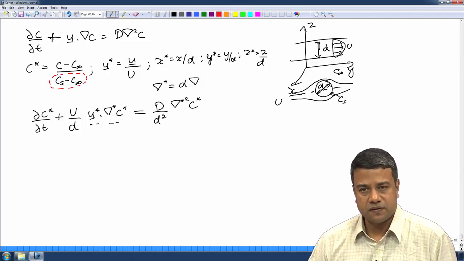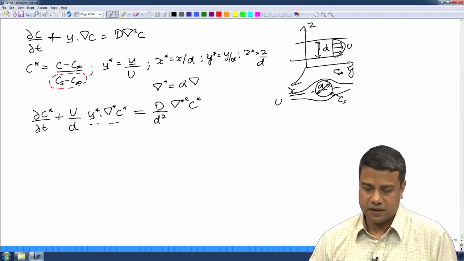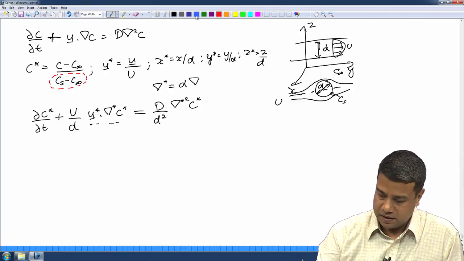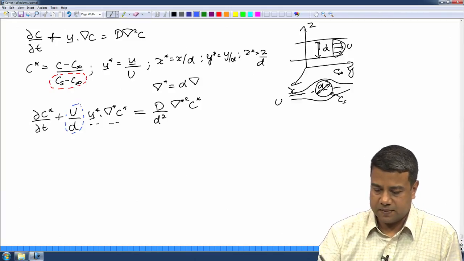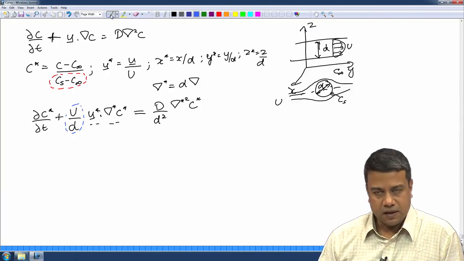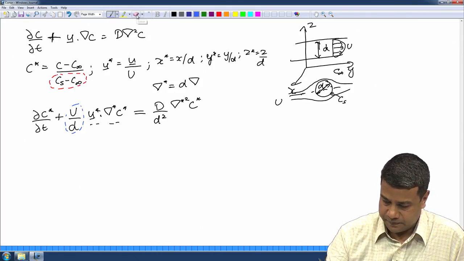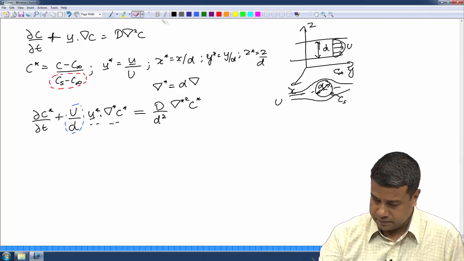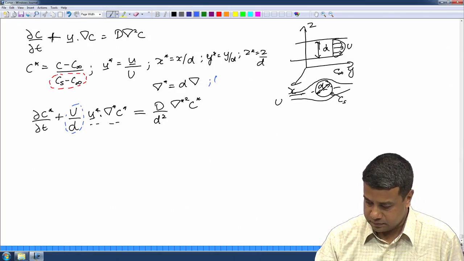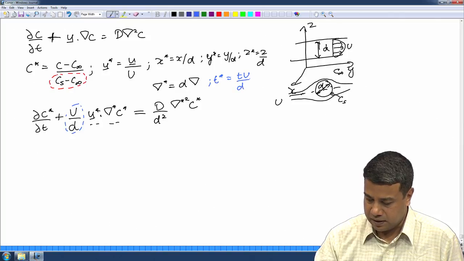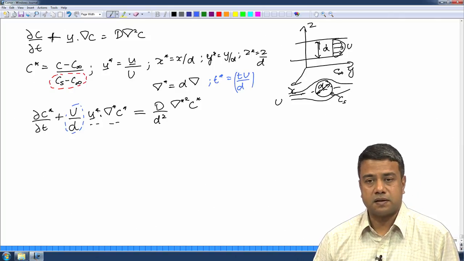Now, this gives me a way of scaling the time scale, the time scale for variation. A natural time scale in this case would be d by u, the time scale for the variation. And if I do that, t times u by d is now dimensionless.